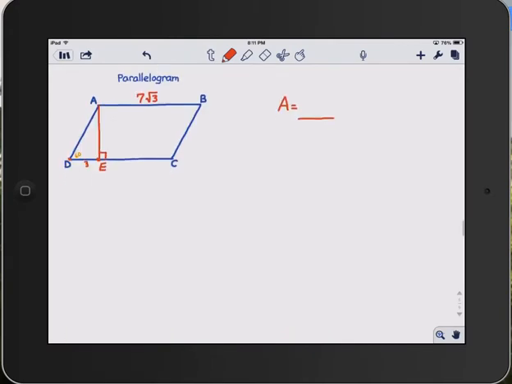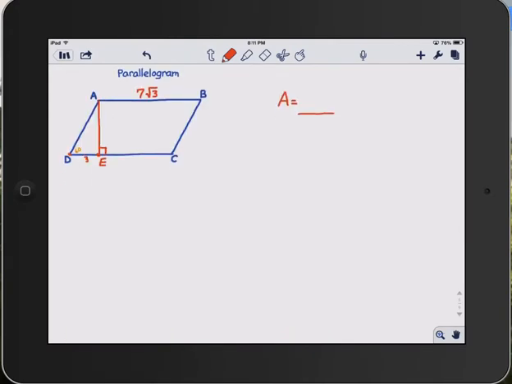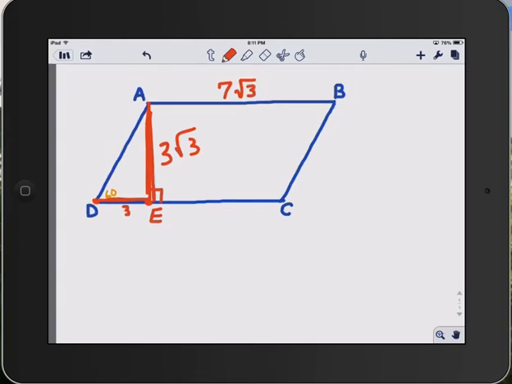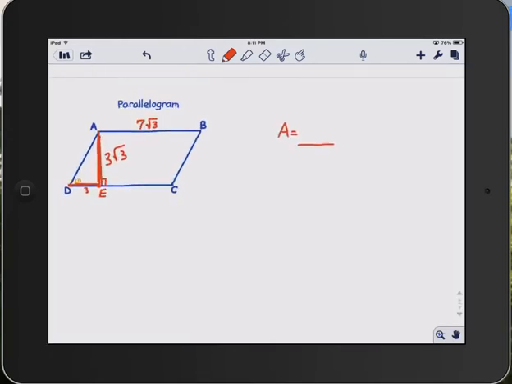Again, we have a 30, 60, 90 triangle. The length of the shorter leg is now equal to 3. So we want to find the longer leg, which is that number times the square root of 3. Now that we have those two values, the base and the height, we write down the formula.